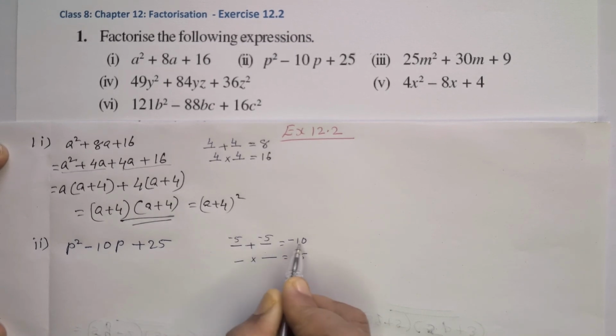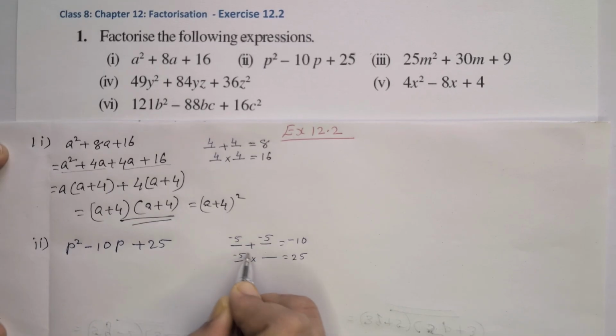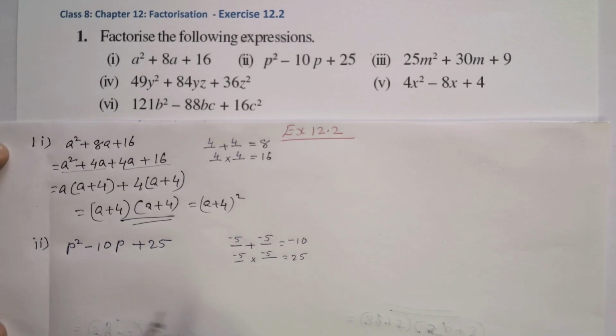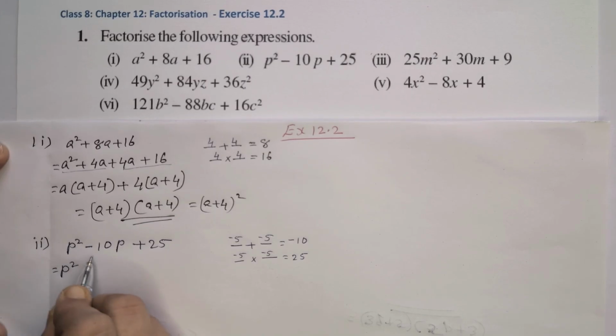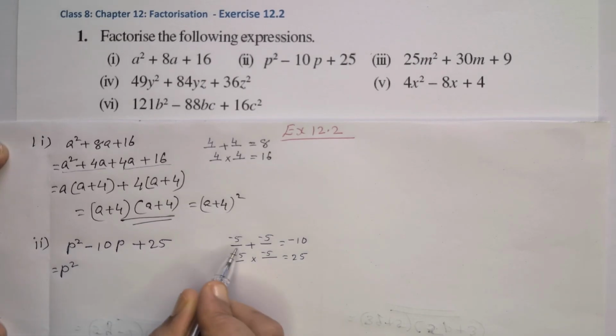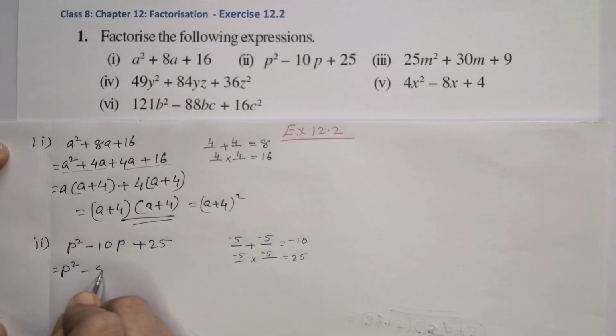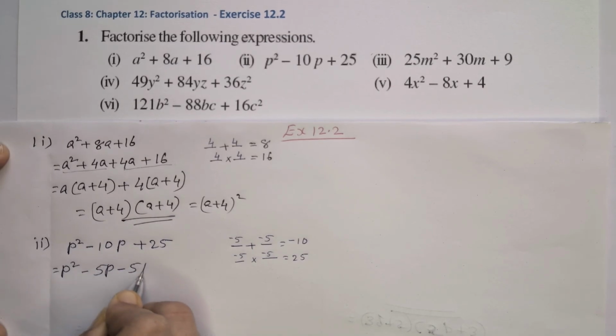Minus 5 plus minus 5, minus 10, and minus 5 into minus 5, minus into minus plus, 5 into 5, 25. So we can split by using these two numbers. First term same as that, and minus 10p we are splitting as minus 5p plus minus 5p. Third term also same as that.